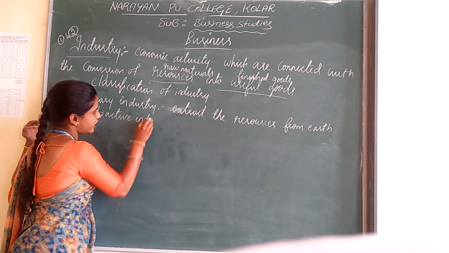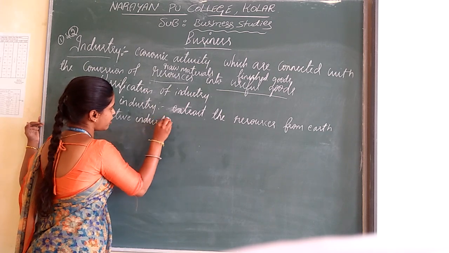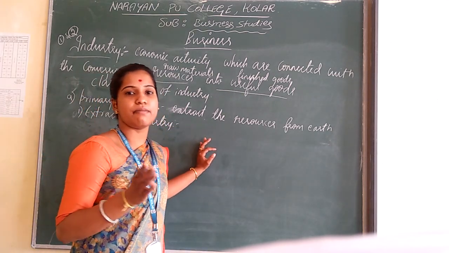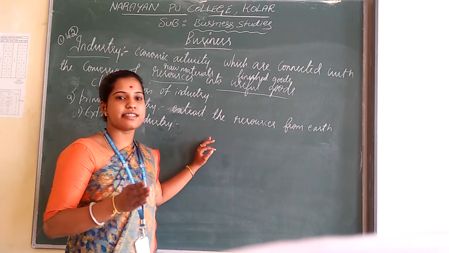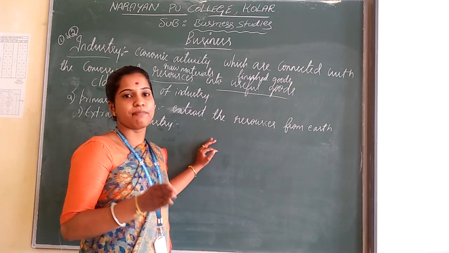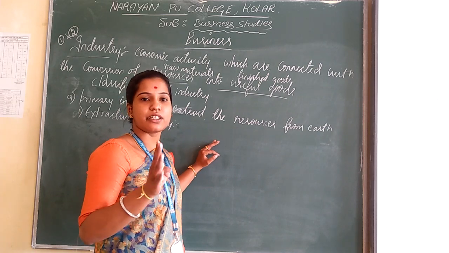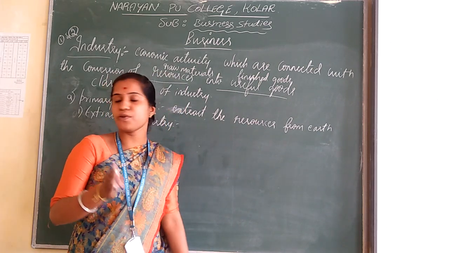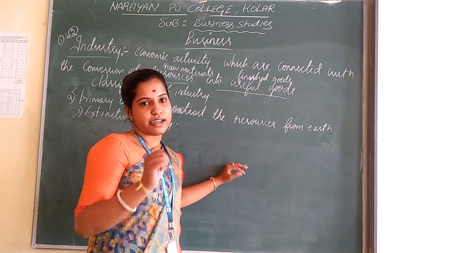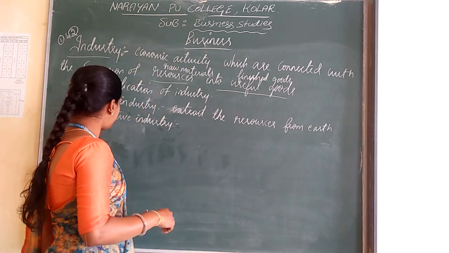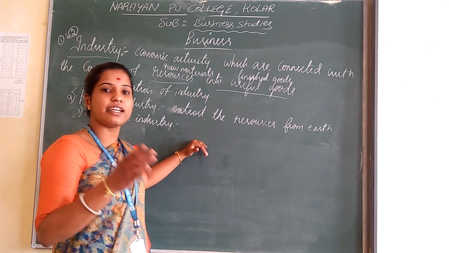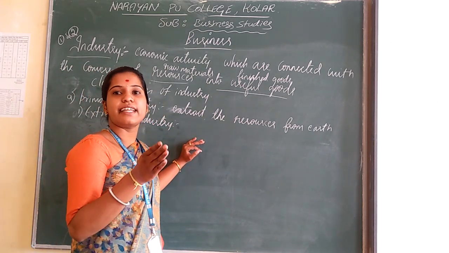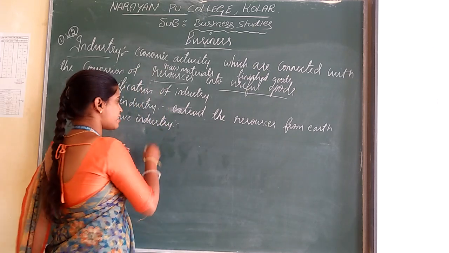The extractive industry can be defined as a process that involves different activities that lead to the extraction of raw materials from the earth to be used by consumers. Understand? So the extractive industry can be defined as a process that involves different activities.